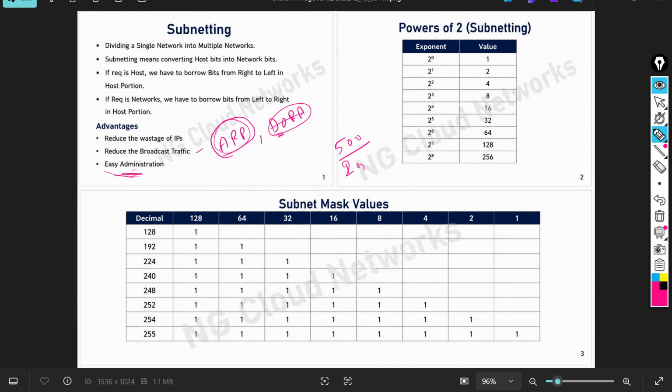So these are the main advantages of subnetting. The main advantage is to reduce the wastage of IPs. In the next session, I will show you how to do subnetting.